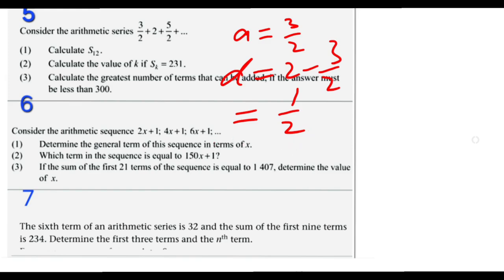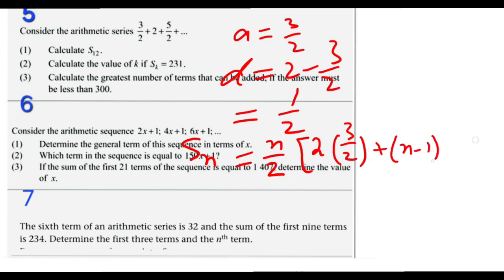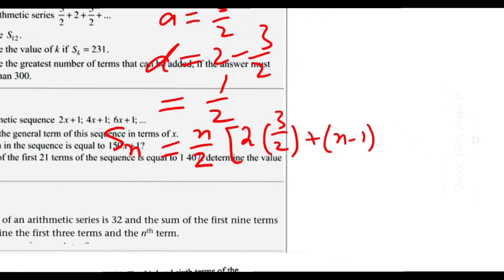So the formula says Sn is equal to n over 2 because we don't know the n, big bracket, 2a, we got 3/2, plus (n minus 1), and the d we got 1/2, big bracket close.